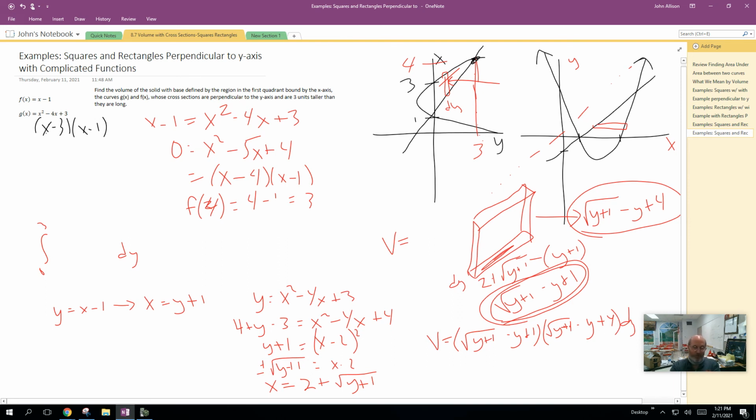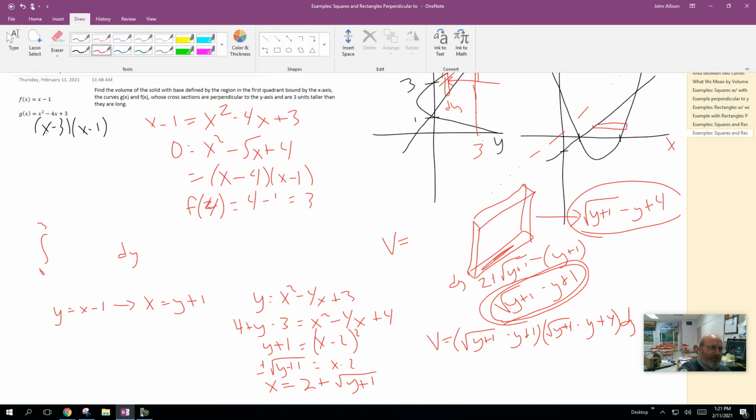That's going to be the volume of one of those. And so we're going to integrate those from y equals 0 to 3 to get just the part on the right side of the y-axis, or the x-axis. Well, I did it again, but that region there.